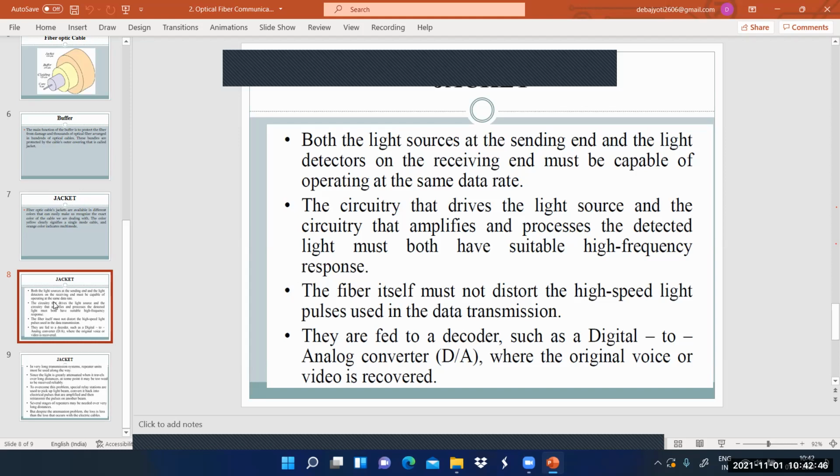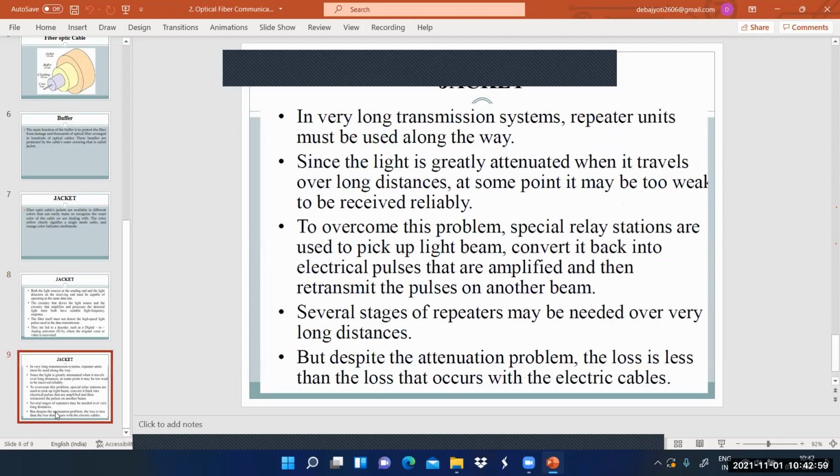When we study the topic of optical source and optical detector, I will discuss these things. And the next one is that in very long transmission systems, repeater units must be used along the way. So can you tell me what is a repeater? In the earlier class, I already discussed what a repeater is and what the functions of a repeater are.